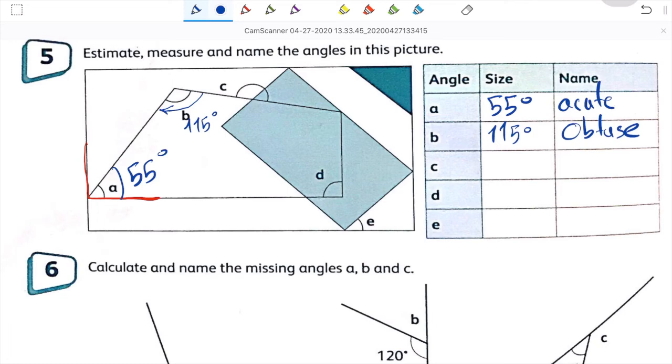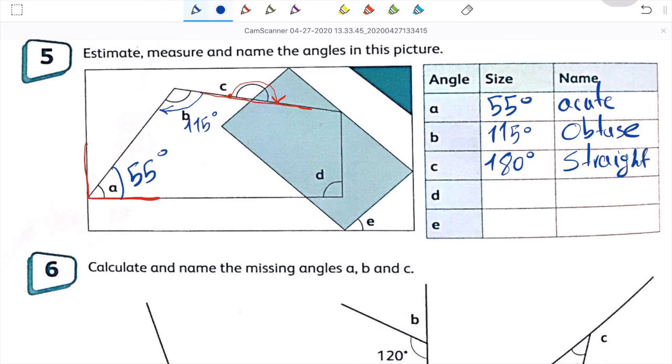About C, however, as you could see, C is covering all the way from start point till here. So you could see that C actually is a straight angle. You don't need to measure it. But in order to make sure, do so please. So C is going to be 180 degrees, a straight angle.